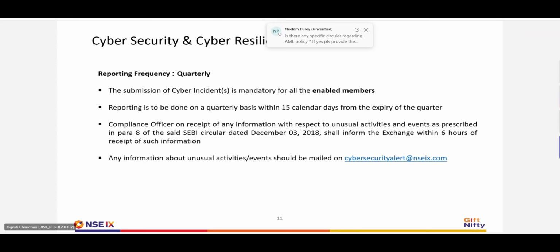If you do not have any incident, on a quarterly basis you still need to report that a nil cyber incident report has been filed. There is a very hefty penalty for non-reporting within the quarter.